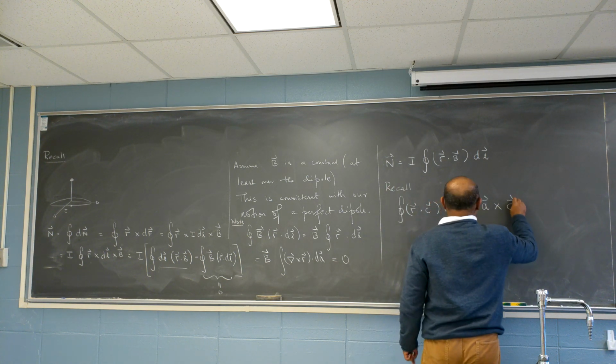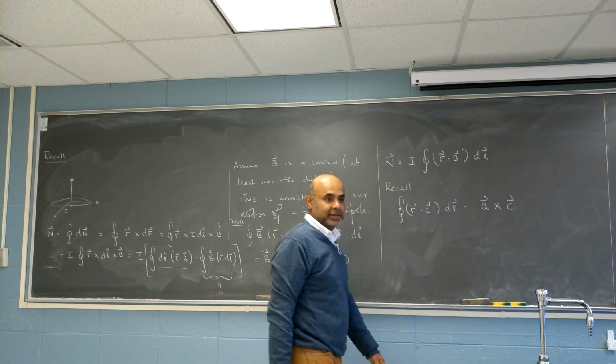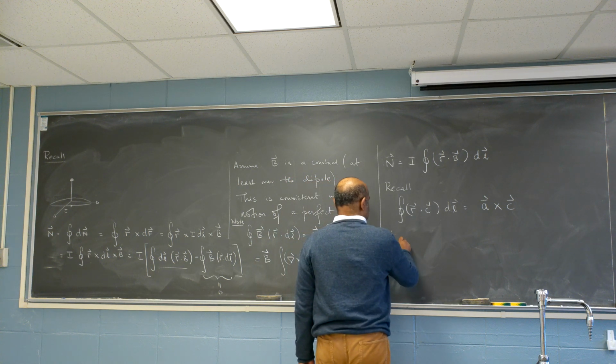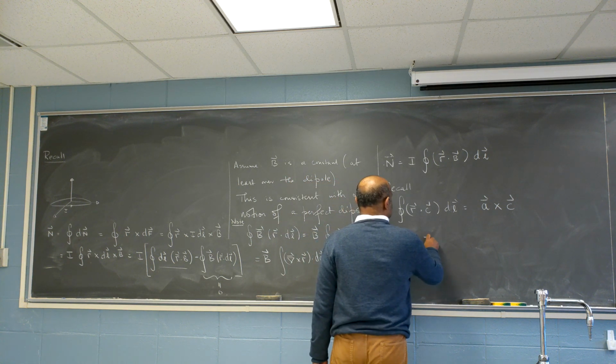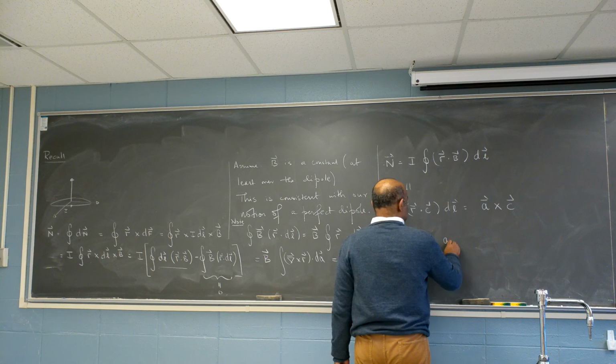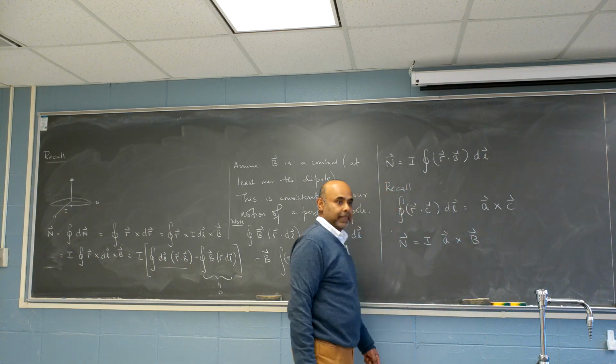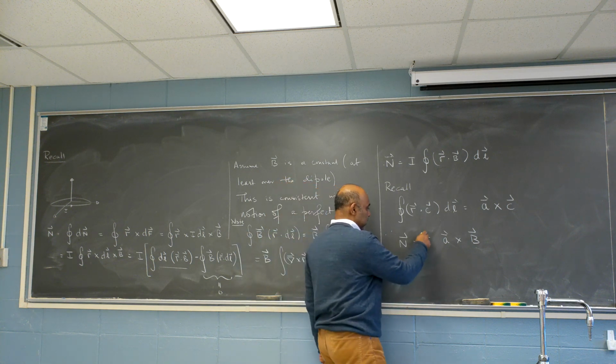It's not C. Yeah, well, this is not C, this is just B. Therefore, torque is equal to I A cross B. And voila.